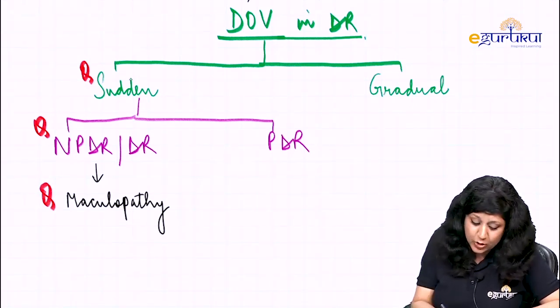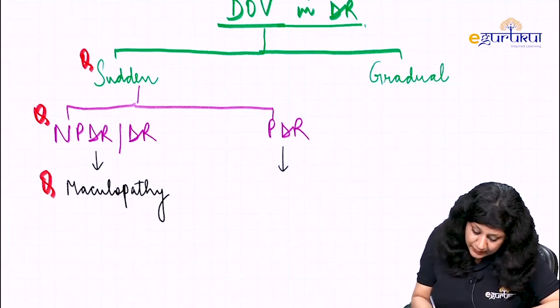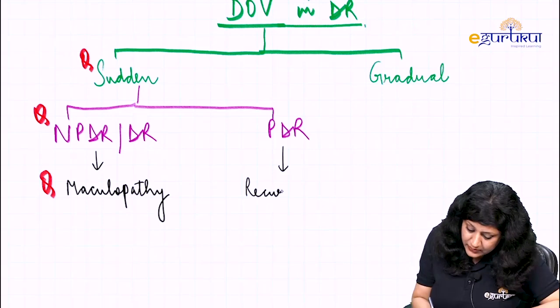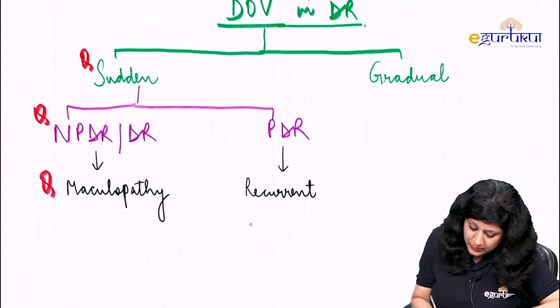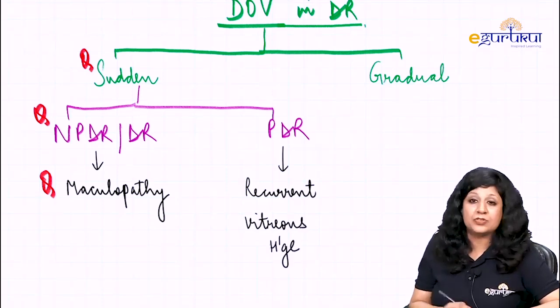While the most common cause of sudden vision loss in PDR can be recurrent vitreous hemorrhage.